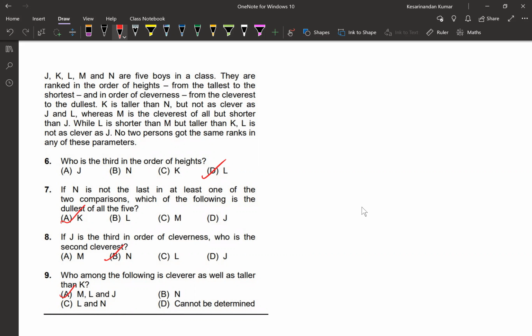Kesari, before going, is this an easy level question, or what type of question is this? This is easy. Okay. This was easier than the previous set as well. Why easy? The questions had no twist. In the previous one, like I mentioned, E is not costlier than A. We had that twist.